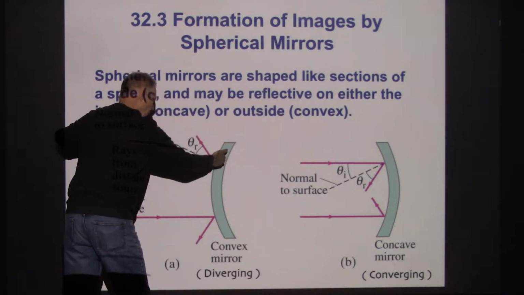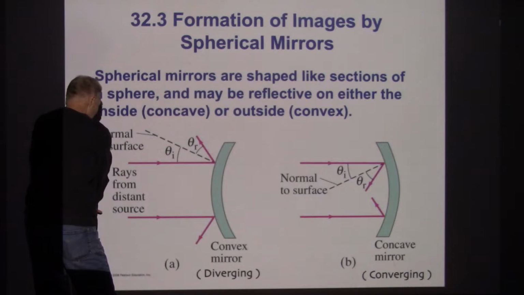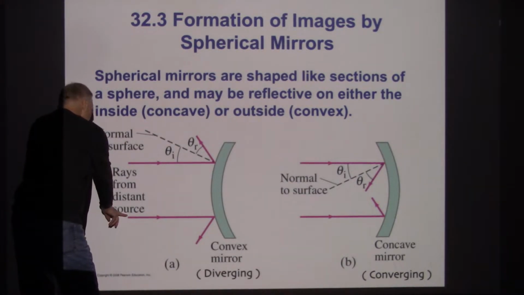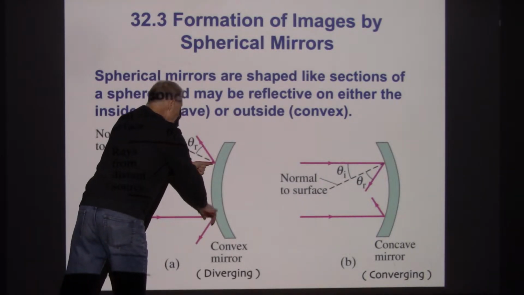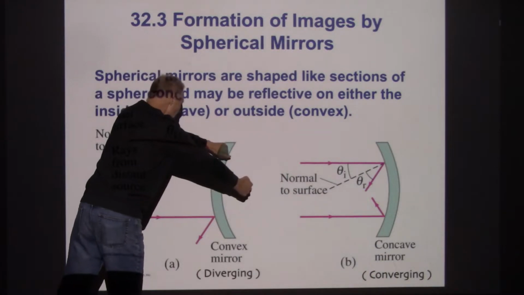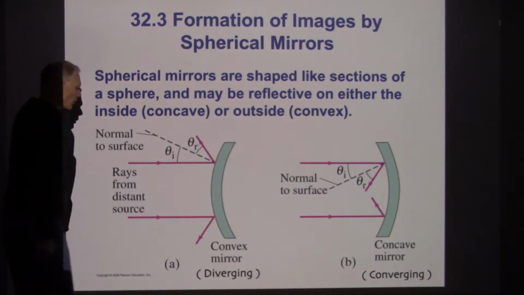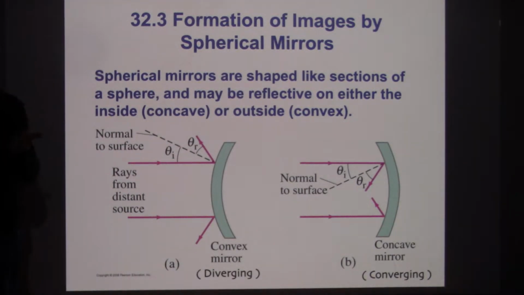Part of the mirror is curved, and so let's say we have light coming in from a distant source, far, far away, and the light's coming in roughly parallel. When it strikes this mirror, because of the curvature, we don't get the light coming straight back. The light coming away from the mirror is diverging. So we can say that's an example of a diverging mirror.